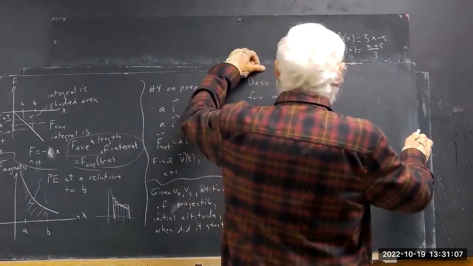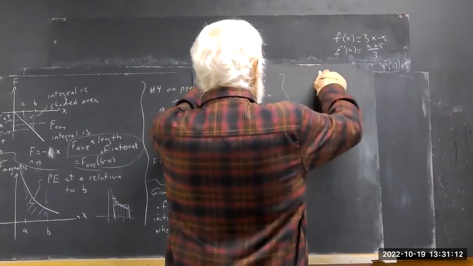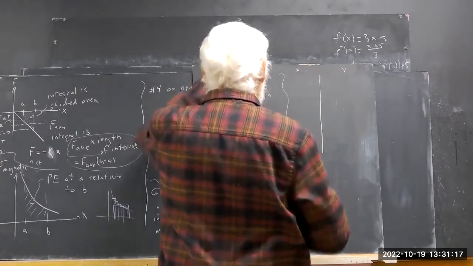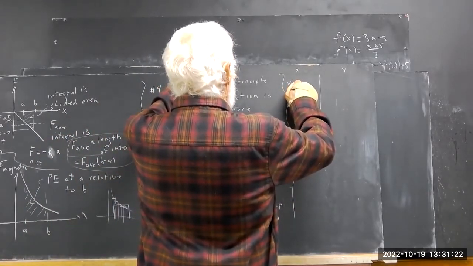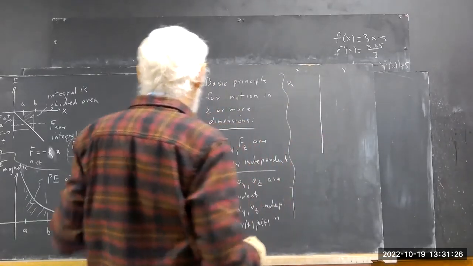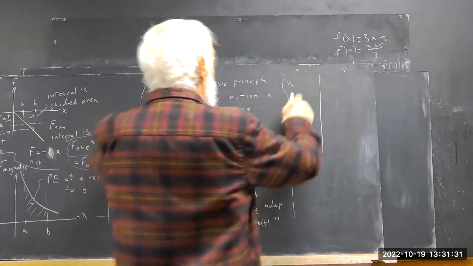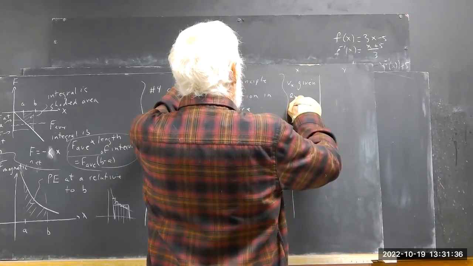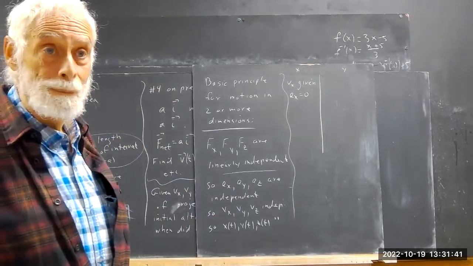So that's motion. What do we know? We know Vx. That's given. We know that Ax equals 0.